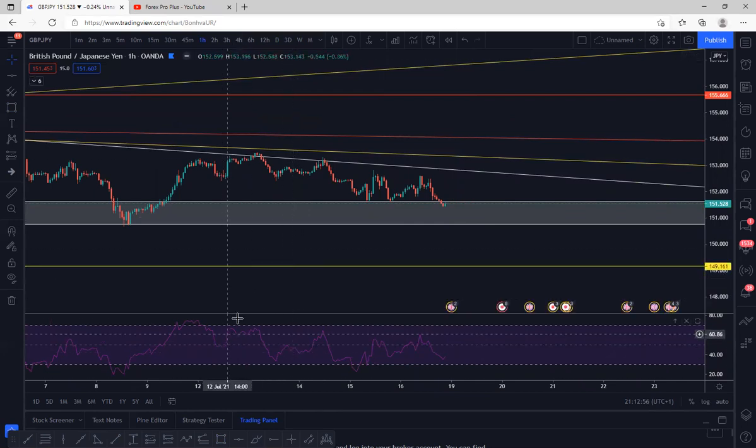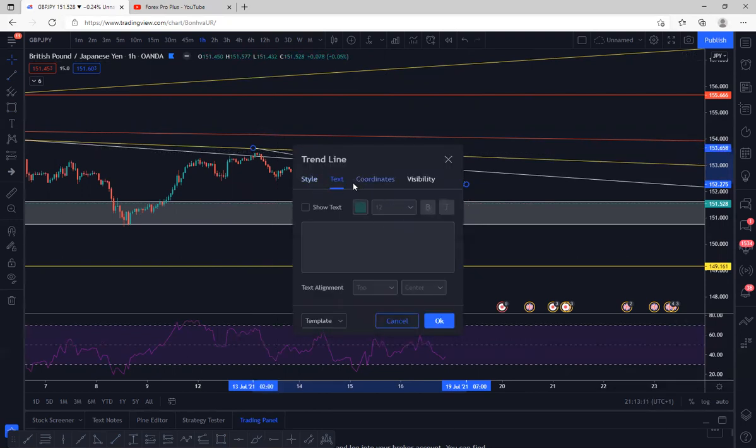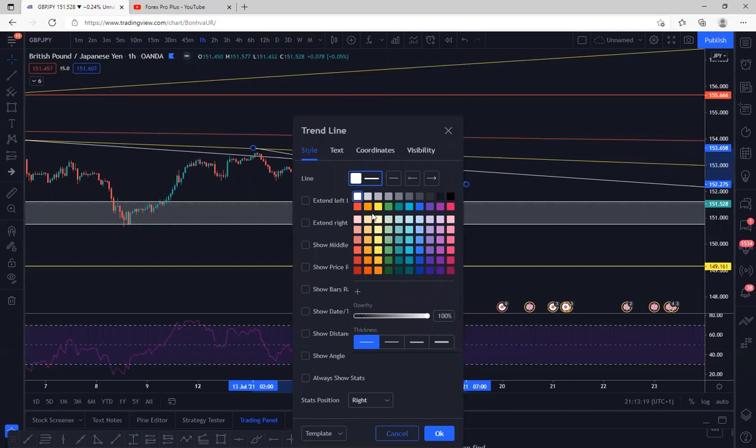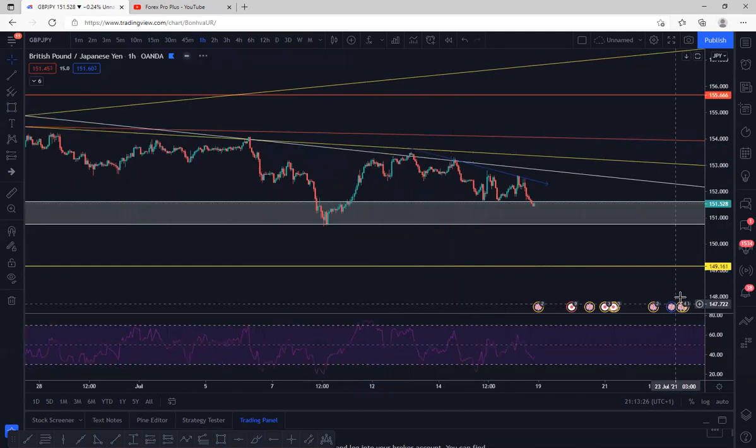There's another trend line in 1 hour. I normally use blue color for 1 hour. So yes, let's say blue color for 1 hour. So in 1 hour, there's a trend line here as well.